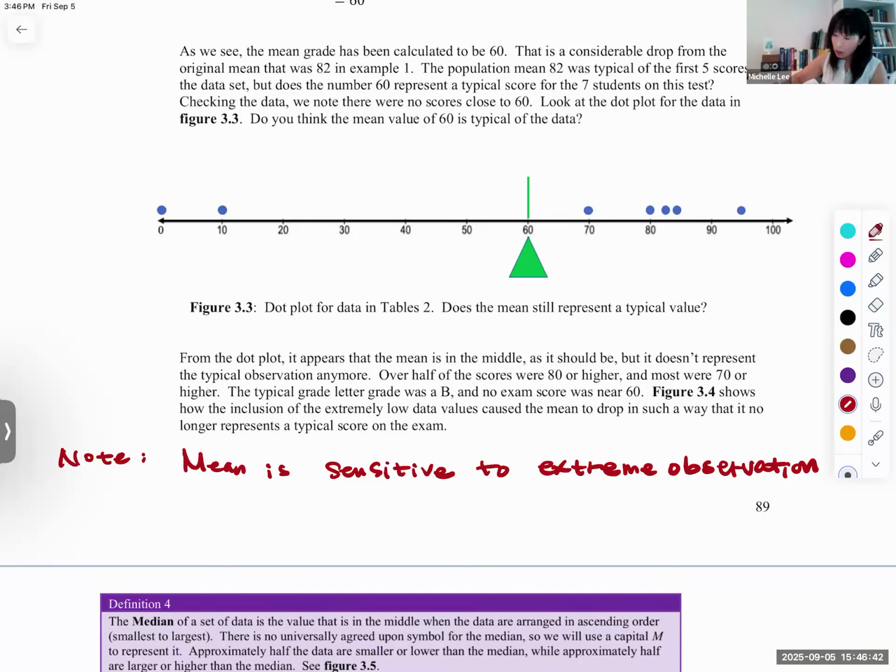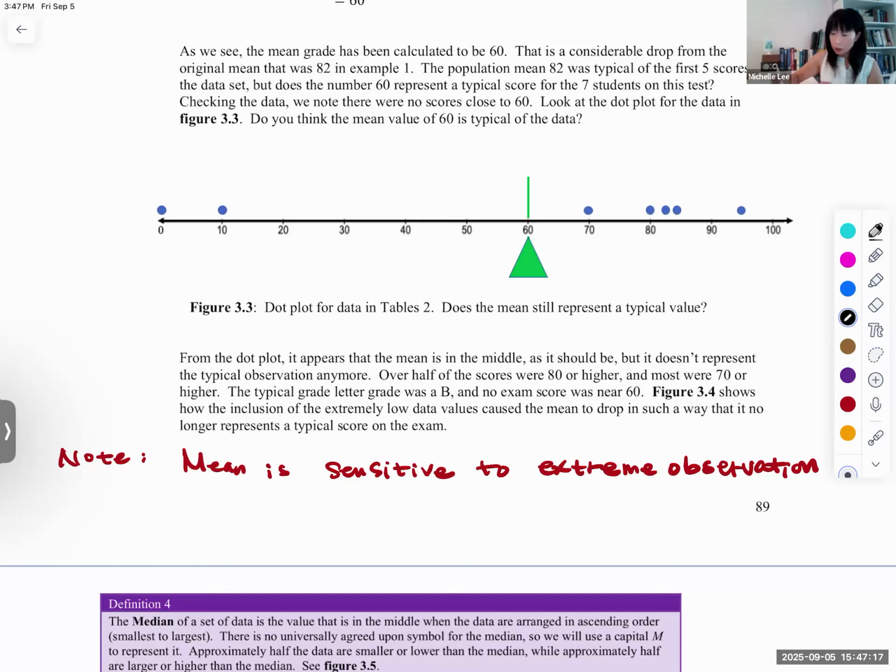It means that, like earlier, if the score is too low, then the mean changes to a lower score, right? And think the opposite way. What if the score was a bigger number? Then the mean will increase. Make sense?